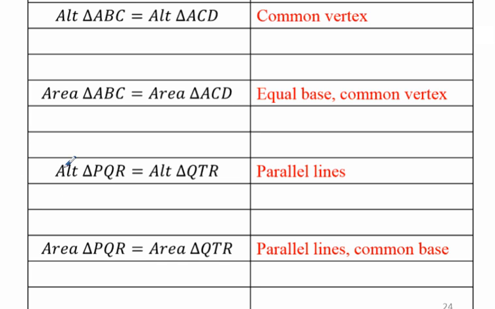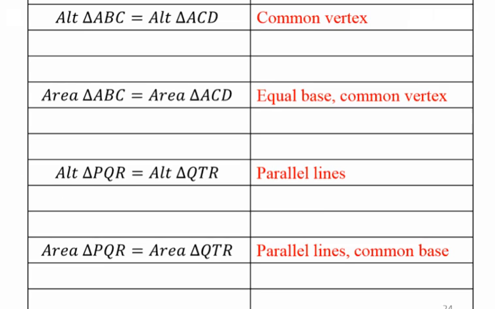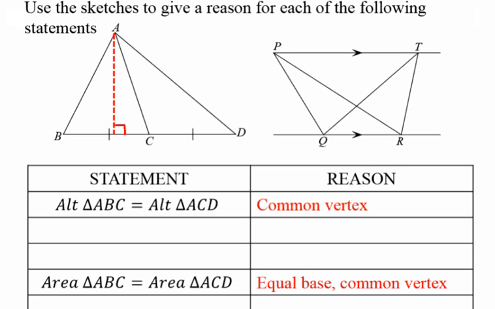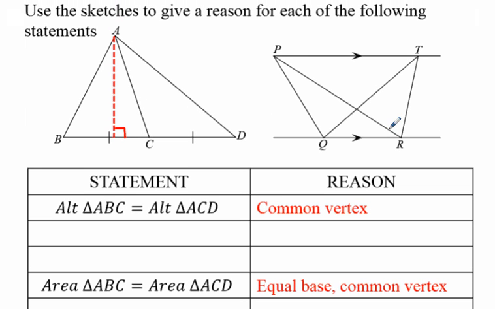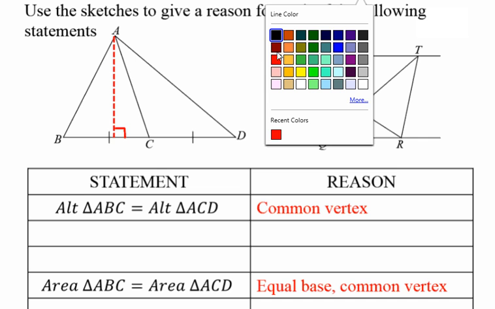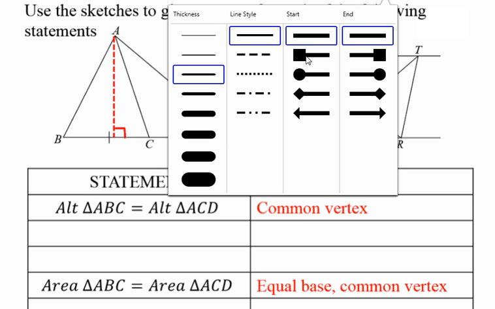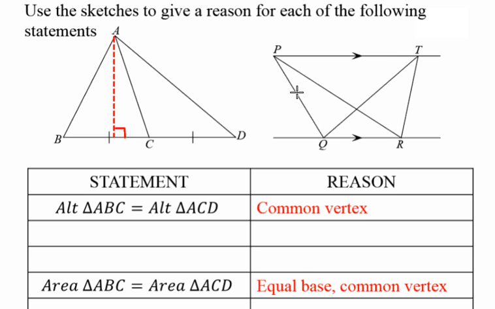Now we look at the other triangle, and it says the altitude of triangle PQR is equal to the altitude of QTR. Altitude of PQR and the altitude of QTR. Well, if I draw in the altitudes for both of those triangles, then you'll see here that they actually have the same altitude because they're between parallel lines.